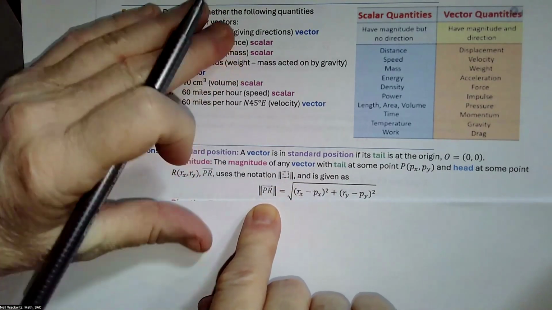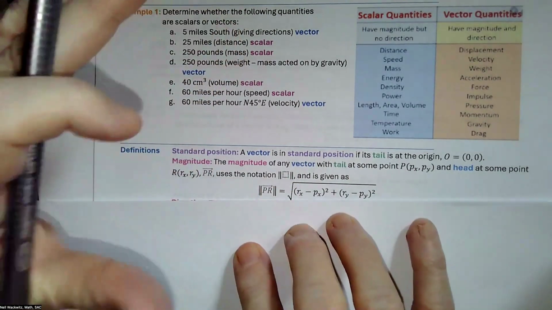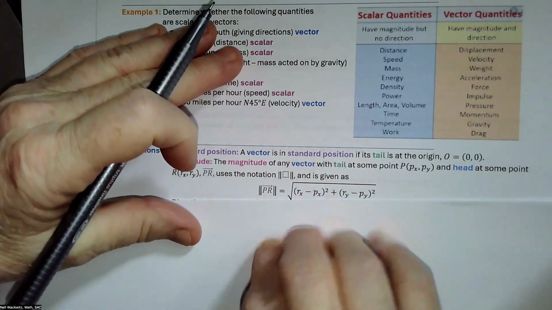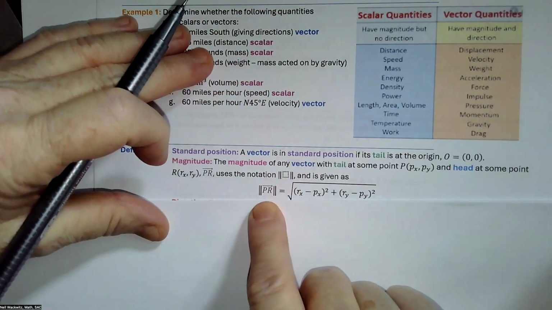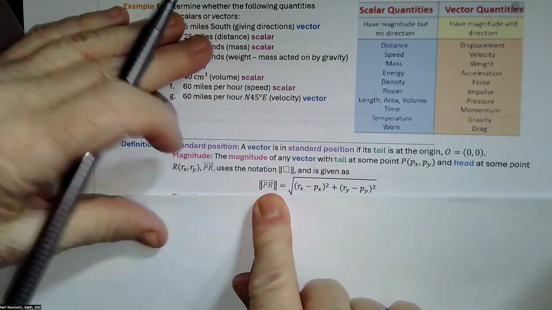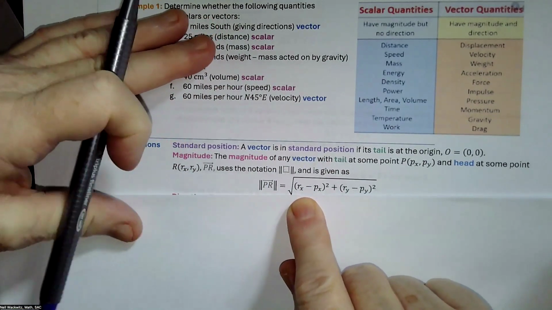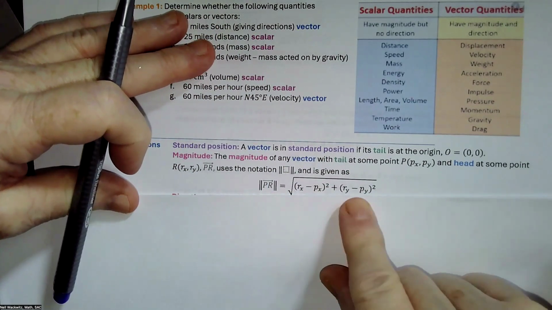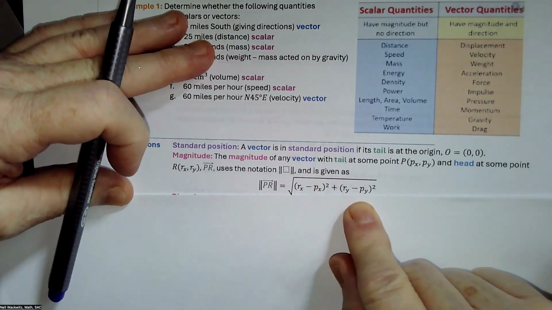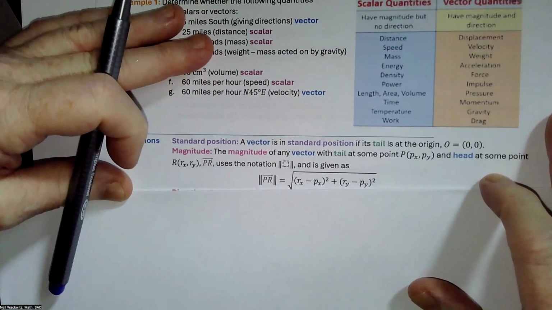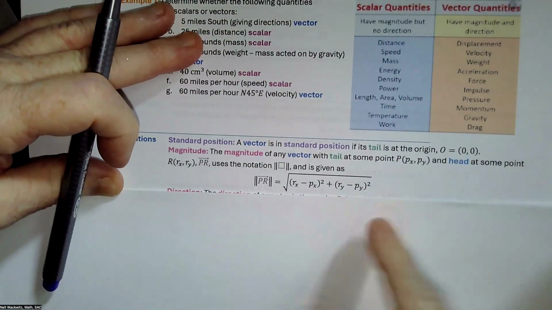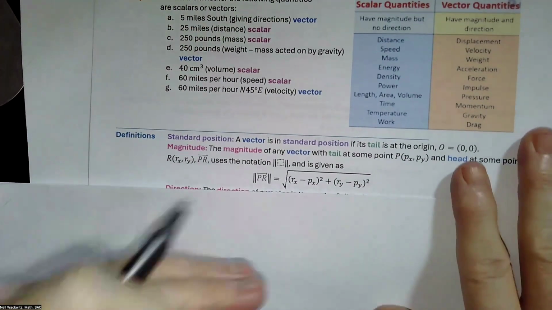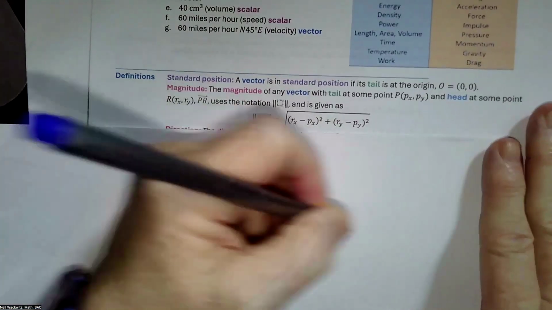It looks like absolute value gone crazy, and it's a little similar, but we call this the magnitude of the vector. PR is the square root of R sub X minus P sub X, all squared, plus R sub Y minus P sub Y, all squared, which you can see is going to be just like the distance formula.